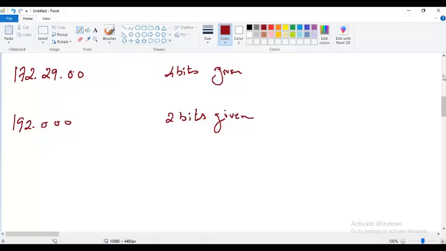What will be the network? Very, very super. 172.29.48.0 is the network. That's the fourth network. In that, the broadcast is 63.255 and the last is 63.254. I asked you last and you gave me the last correctly.